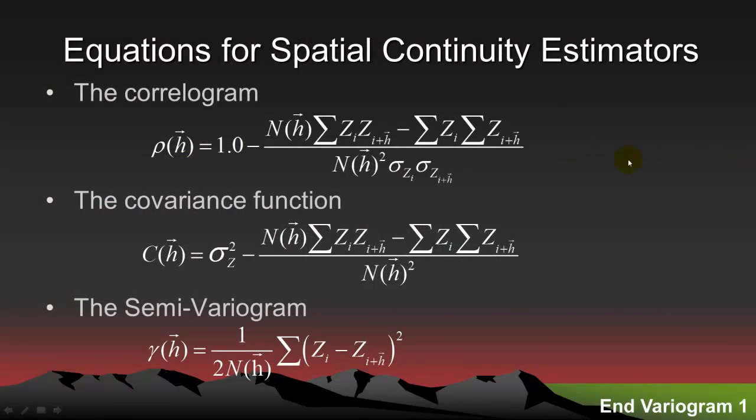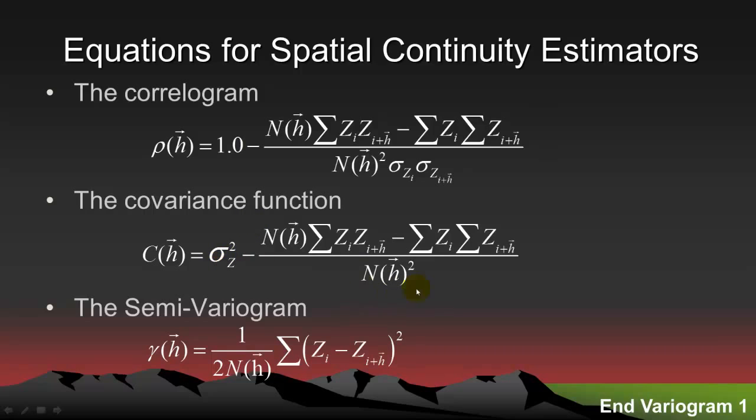Let's wrap up this video then by looking at the official equations for our 3 spatial continuity estimators. I prefer to start with the covariance function. This part of the covariance function, after the minus sign here, you can find in any ordinary statistical textbook. There's nothing new there. What we have done, though, is subtract it from the global variance of our variable. And when we do this, that basically takes a covariance function, turns it upside down so that it's an increasing function and looks like the variogram.